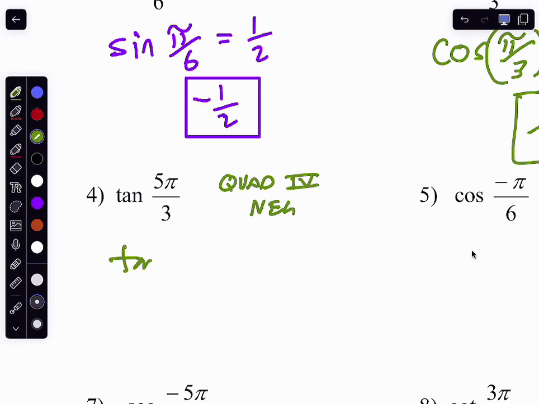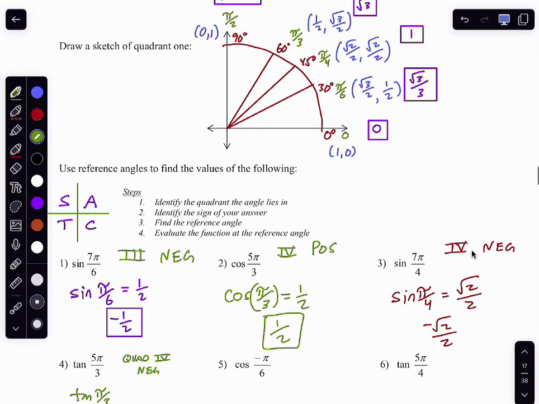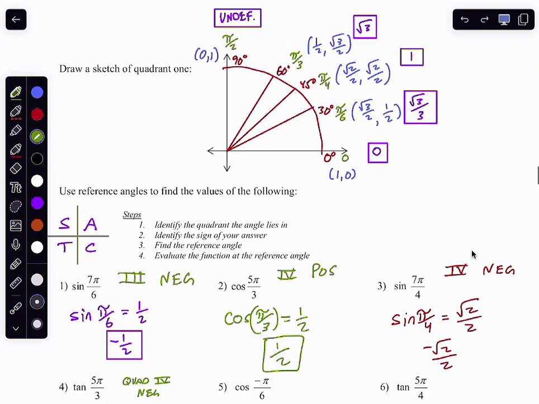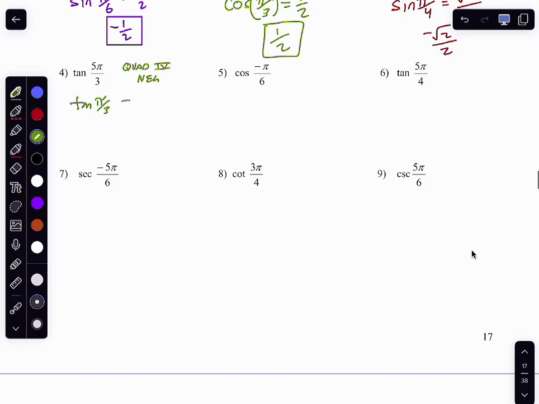So I want to figure out the tangent of pi over 3 and then make it negative. If you don't have these tangent values written down, then you just got to figure them out. And if you do have it written down, then you just know, okay, tangent of pi over 3 is root 3, so my answer is negative root 3.